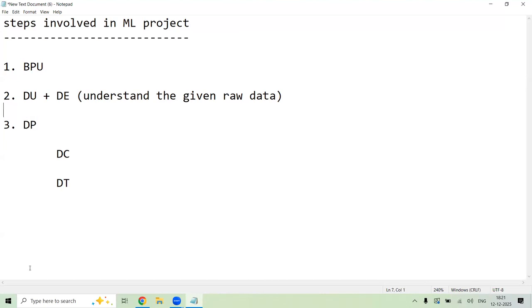I'm writing separately the statistics we have completed in class.